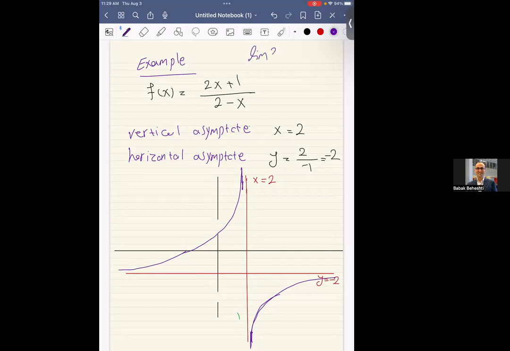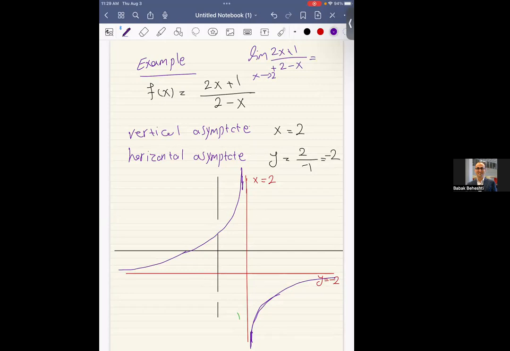So, the limit of this function, 2x plus 1 over 2 minus x, when x goes to 2 plus. 2 plus means something close to 2 but greater than 2, so for instance, 2.1. It's not equal to 2, because when you have 2, then the denominator is 0.